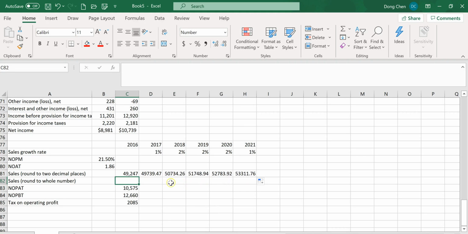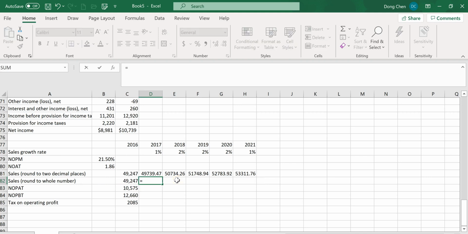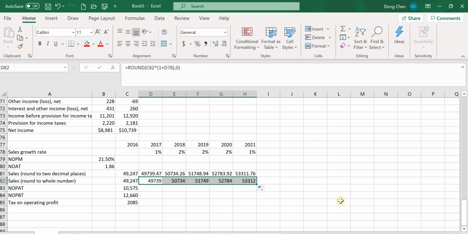Then the sales rounded to the whole number is calculated in the same way as the 2 decimal place one. The only difference is that I want to use the round function and keep 0 decimal places. Then I can pull all the cells to the right.